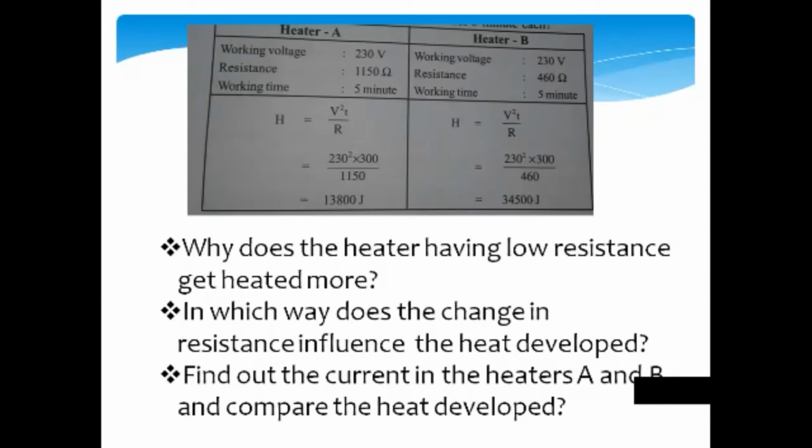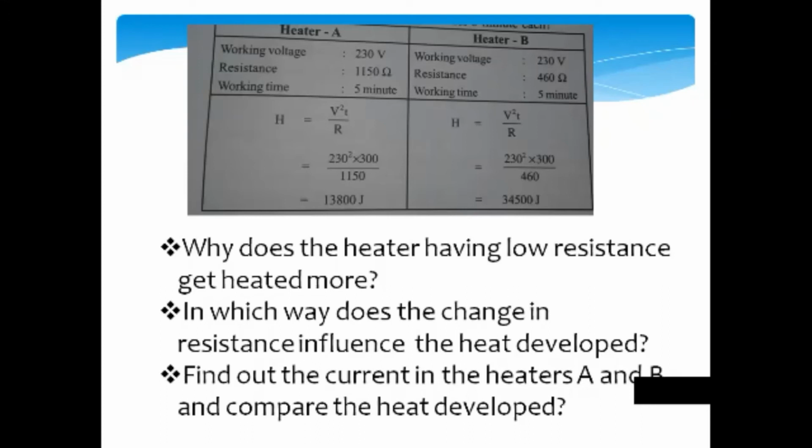The first question is, why does the heater having low resistance get heated more? Here the relation is H is equal to V square T by R. Resistance is in the denominator, so the relation of H and R is an inverse relation. Here heat energy increases as the resistance decreases.